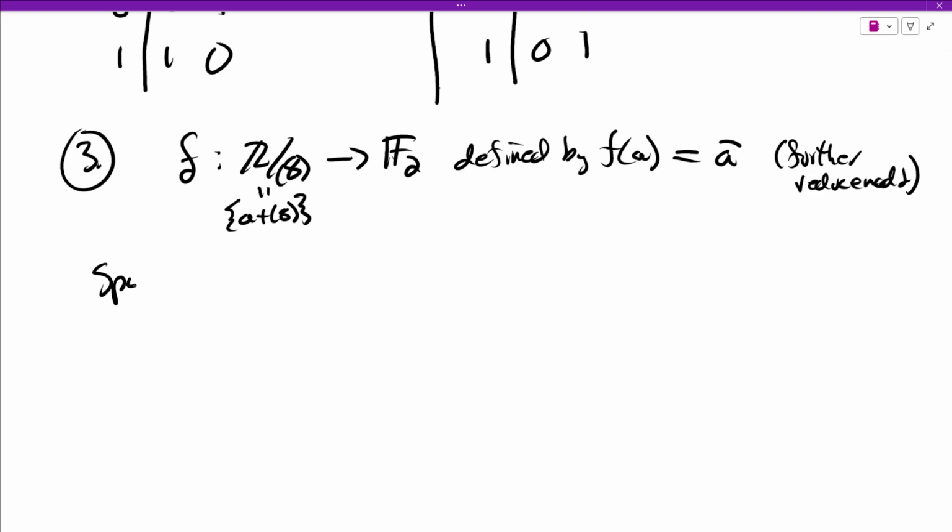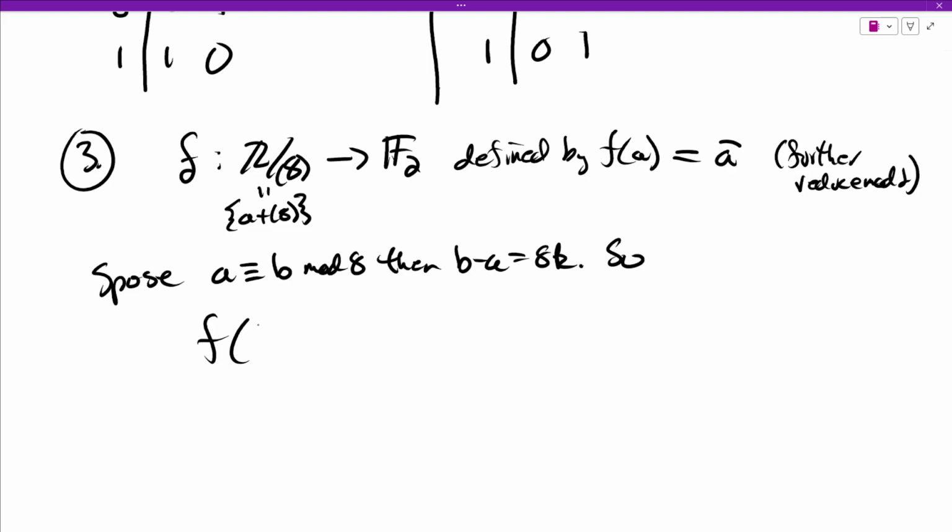So let's suppose that A is congruent to B mod 8. Then B minus A is some 8k, so B is A plus 8k. So f of B is f of A plus 8k.